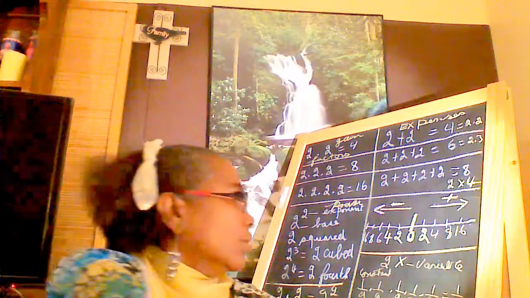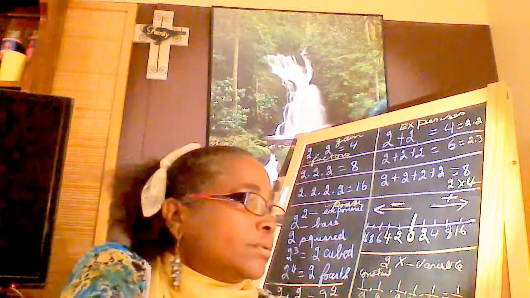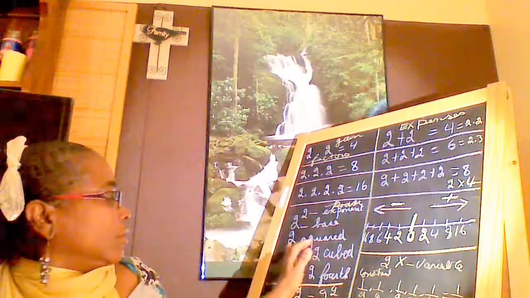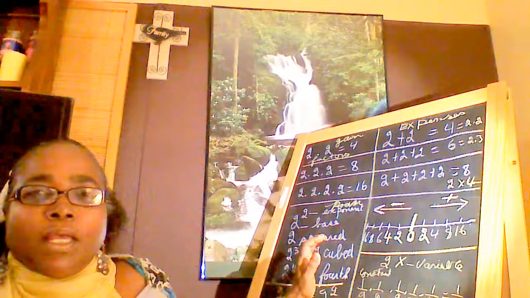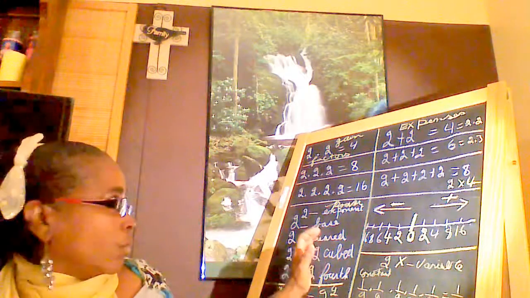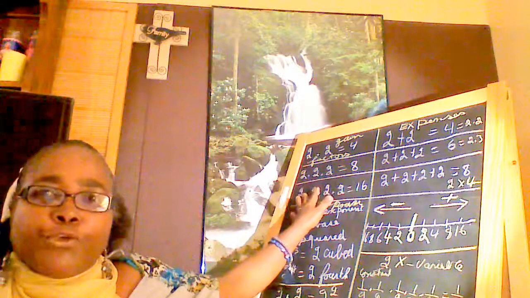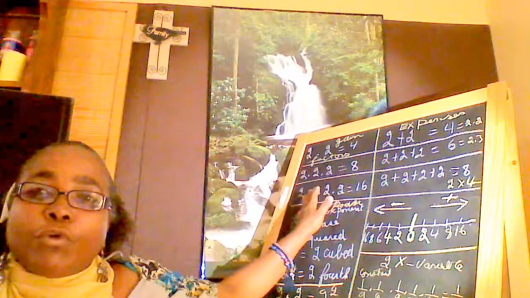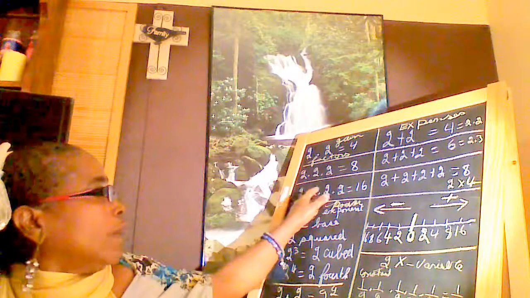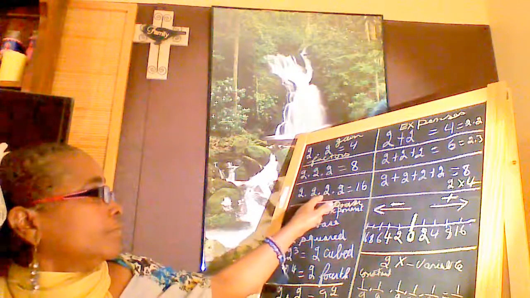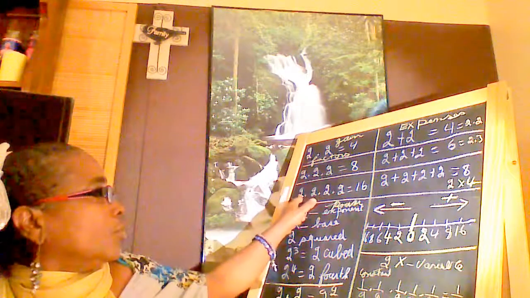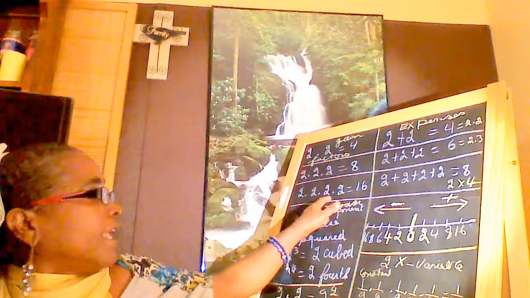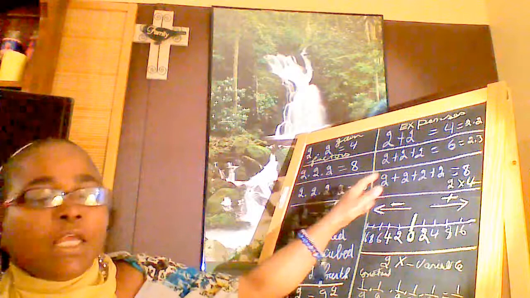And then we are going to see power 4, 2 to the 4th. That means we are going to multiply the number 2 by itself 4 times. 2 by 2 by 2 by 2. 2 by 2 gives 4, by 2 gives 8, by 2 gives 16.